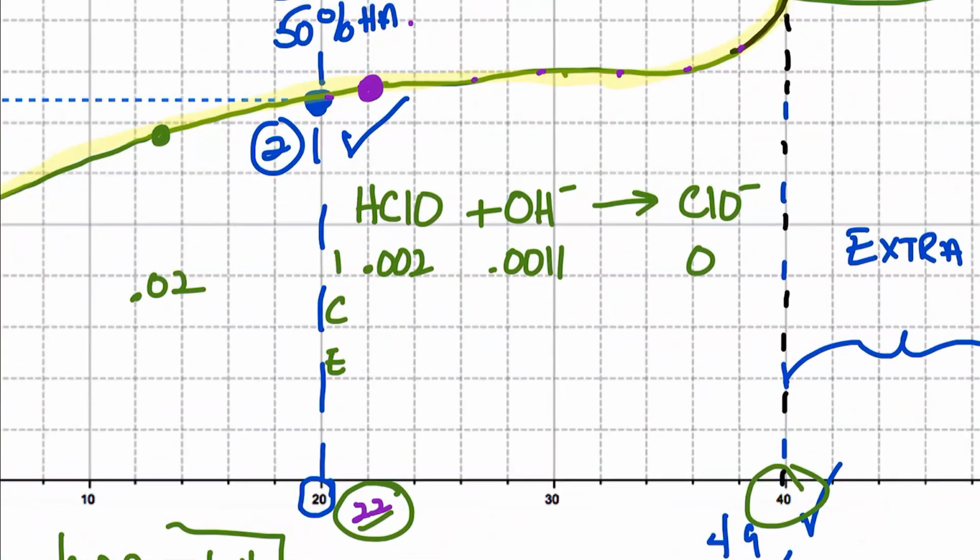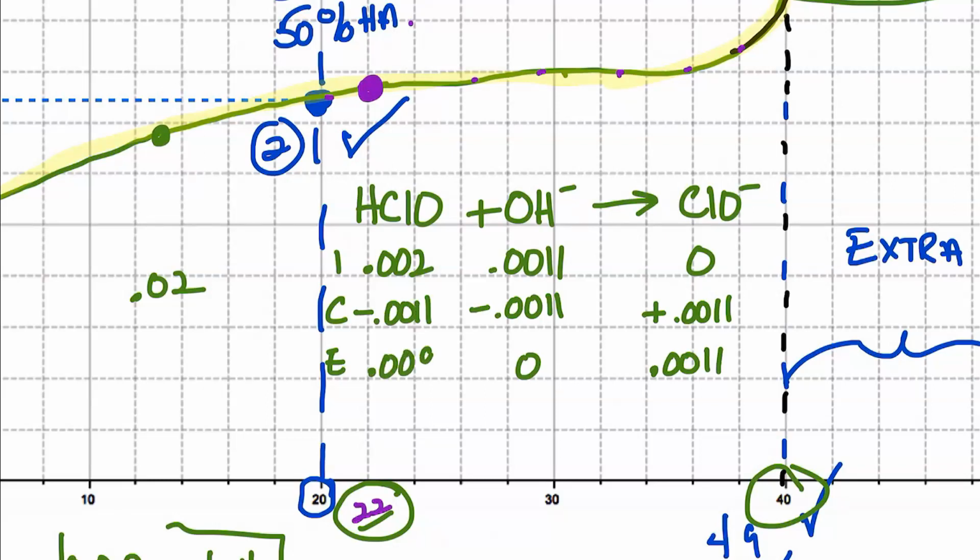And who is smaller? Well, this is minus 0.0011. That goes to 0. This is plus 0.0011. Of course, that goes to 0.0011. That plus 0 is that. We're going to minus 0.0011. We get 0.0009. And you can clearly see, party people, who is the largest value.